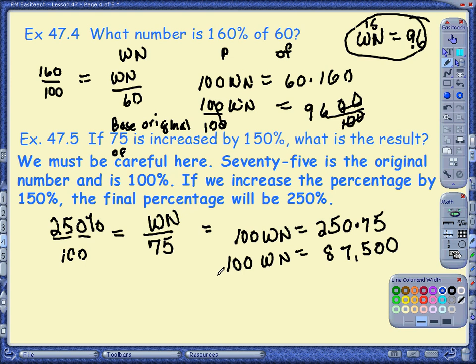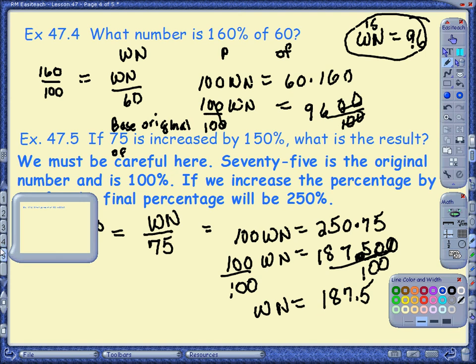Okay, and when we divide by 100, we're going to move the decimal place back 2 places, and we're going to get what number equals 187.5. This is the increased number after we increase the 75.